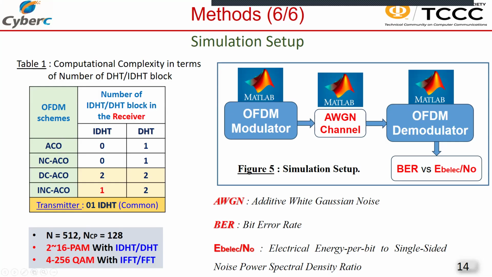The transmission link is modeled using MATLAB version R2021a. Simulations are conducted using 10,000 OFDM symbols.